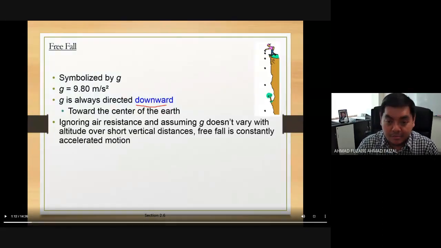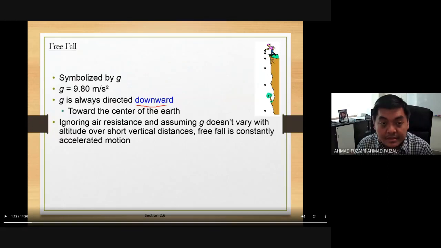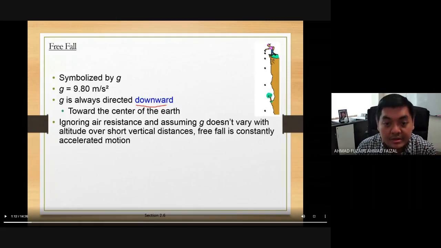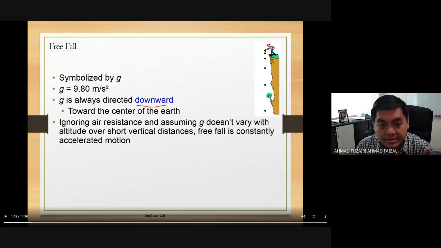When the ball is thrown, don't get confused between motion in one dimension and two dimensions, because in two dimensions it will involve x and y simultaneously, but motion in one dimension only involves one axis at one time. So when we do free fall, motion must be directed downward or directed upward.